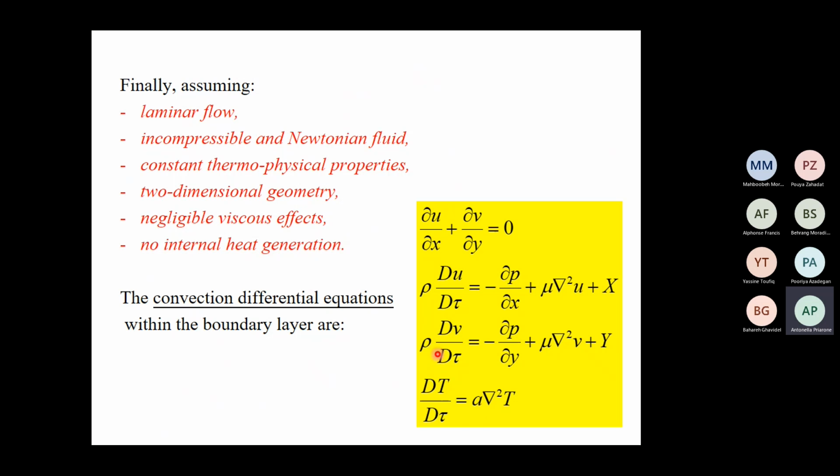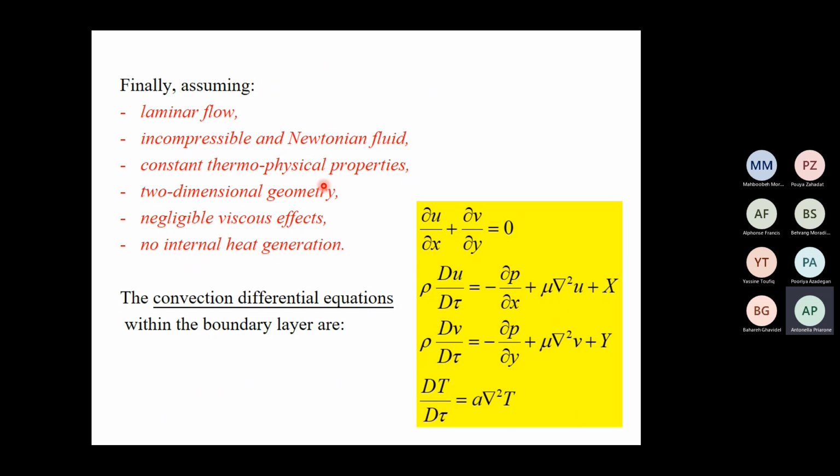But finally, in the next slide, I recap all the assumptions that I have to consider to obtain this yellow set of equations that are our equations. The starting point for us now is the continuity equation. Then I have two components of the momentum equation in the x direction and the y direction, and finally the energy equation. We obtained this list of equations assuming laminar flow, incompressible and Newtonian fluid, constant thermophysical properties.